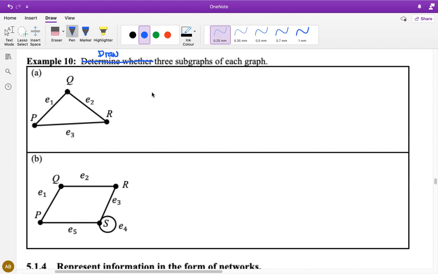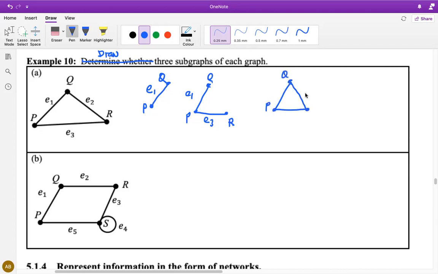Maybe for the first one you want to play safe, so you just draw P and Q, E1. And then the second one you want to be safe, you just draw P, Q, and copy exactly the same. Then the last one will be connecting the 3 vertices.